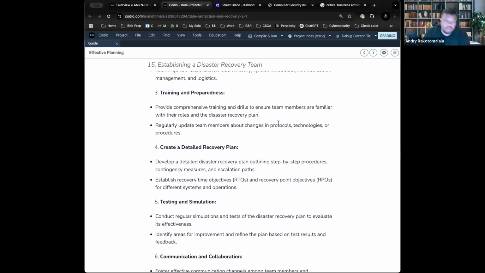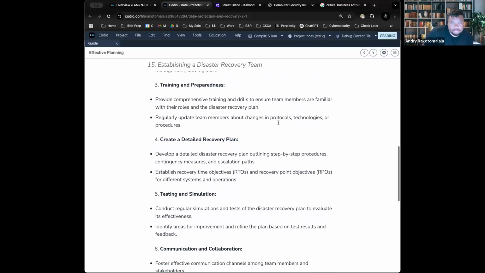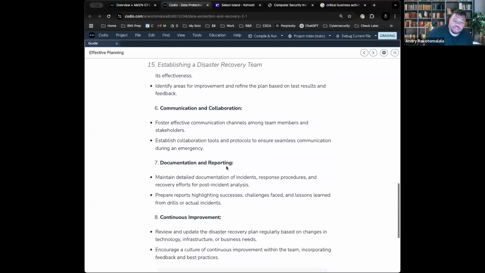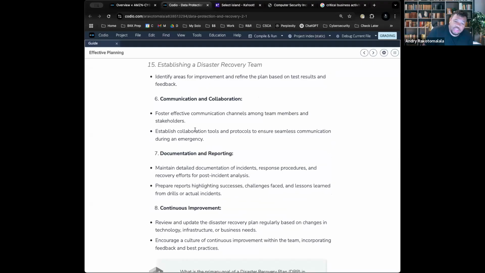You go through training, you make sure that they're aware of all the different statuses, and then you create a recovery plan. That recovery plan will be in conjunction with the business continuity plan. You do some testing and simulation, and then you make sure that you have correct communication and collaboration. When it comes to documentation, however, you have to document from the very beginning.